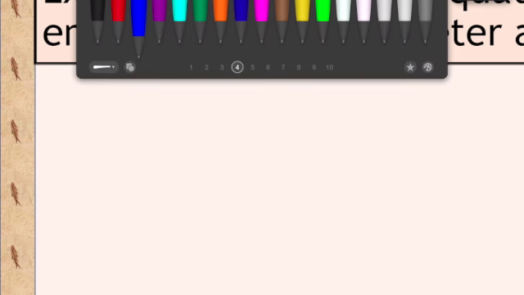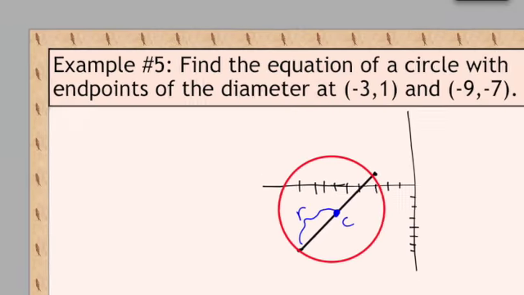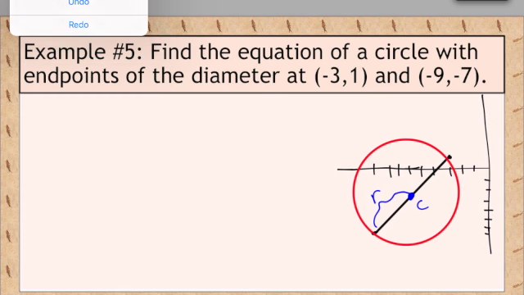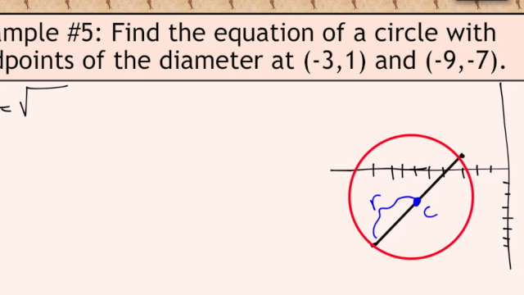Let's do this in black. So the distance of my diameter is going to be equal to the square root of, let's go ahead and label these. I've got x1, y1, and then x2, y2.